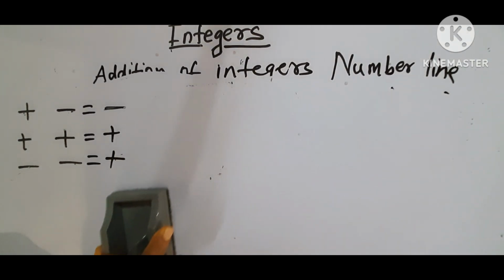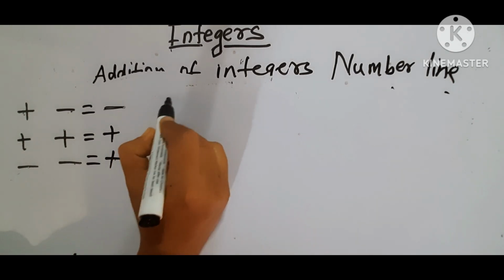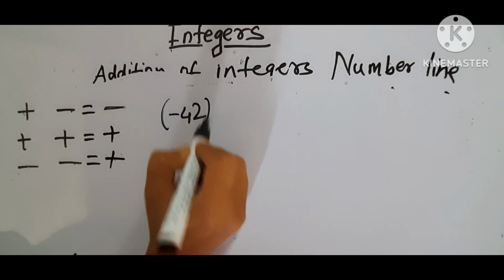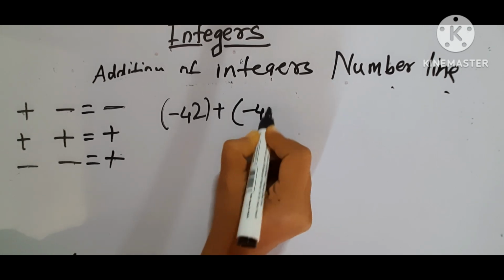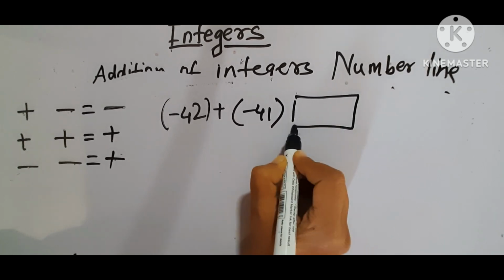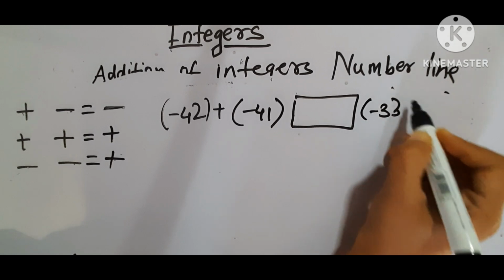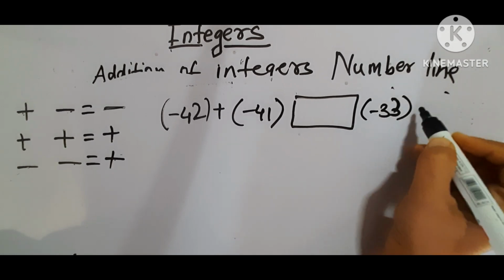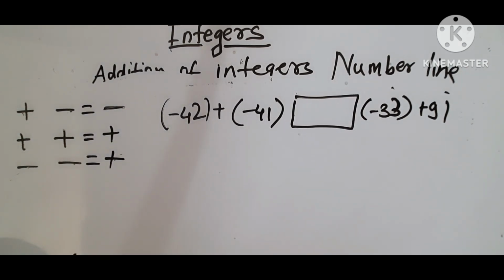Now let's take a last example, one more. It is given minus 42 plus minus 41, and we have to compare this with minus 33 plus 91. What sign will come here? We have to give the comparison sign here.